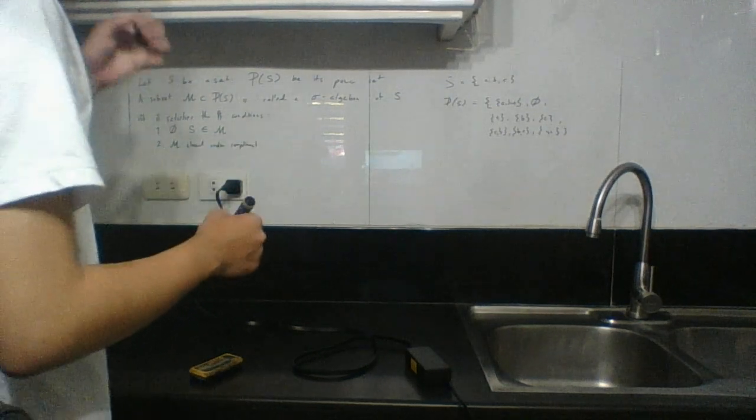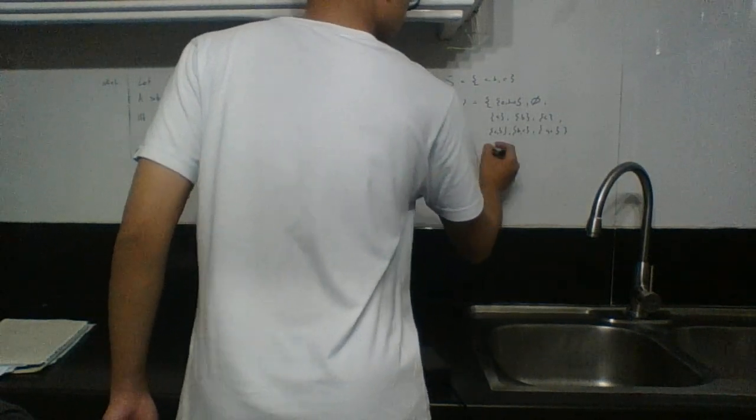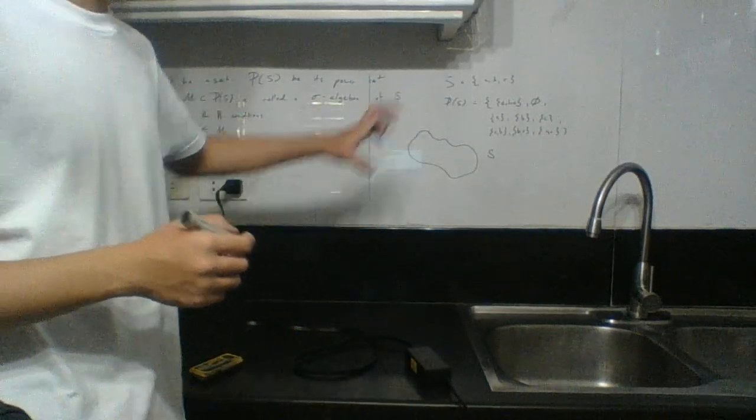What I mean by closed under complement is this. I have my set S, and we sometimes think of these sets as blobs, especially in topology.